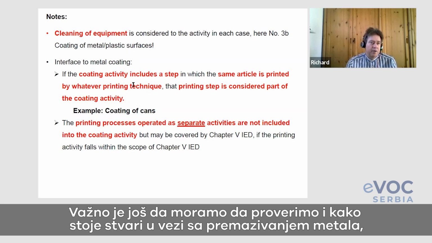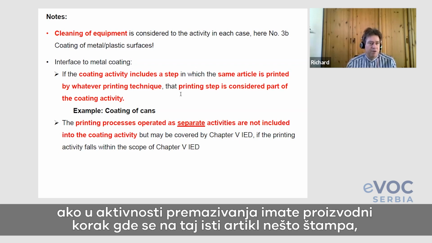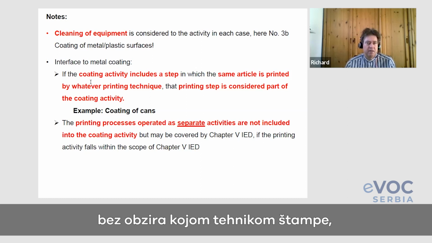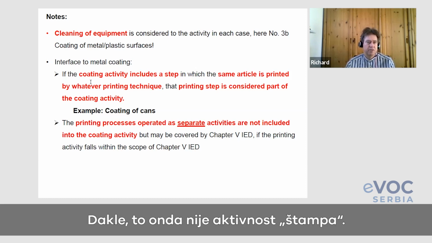And there is another point, because we have to check the interface to the metal coating. In the VOC degree, you will find a remark that you see here. That means if you have a coating activity that includes a working process step where the same article is printed by whatever printing technique, that printing step is considered a part of the metal or plastic coating activity, or that coating activity, whatever it is.